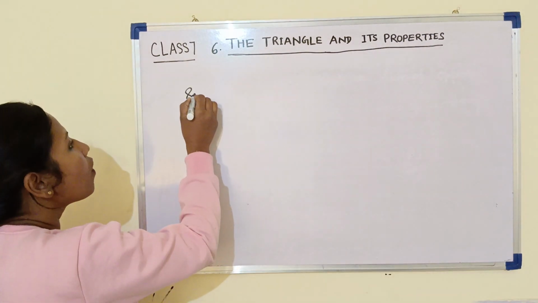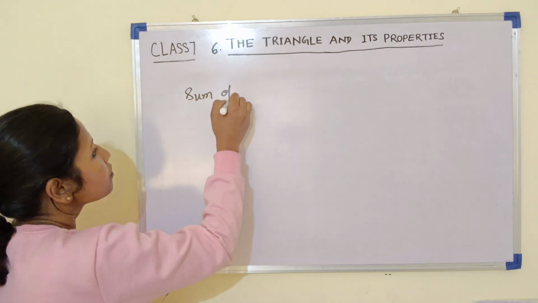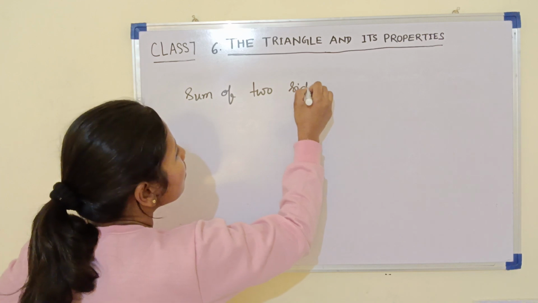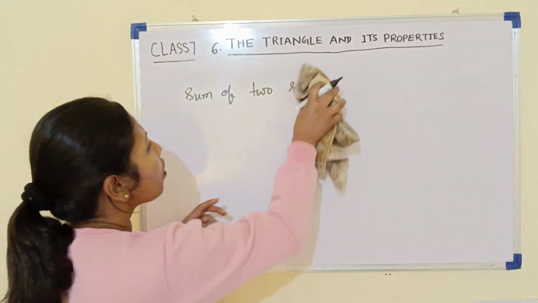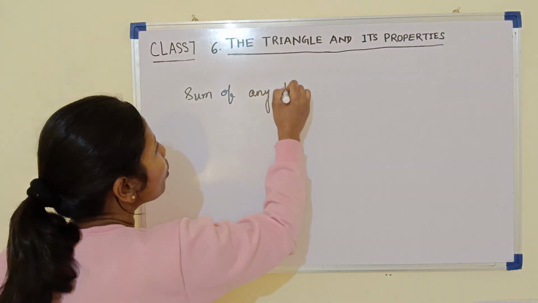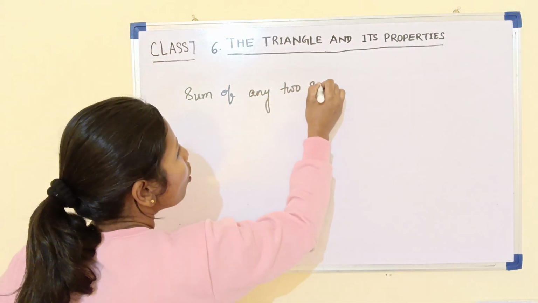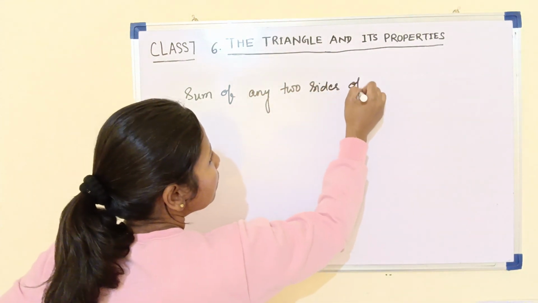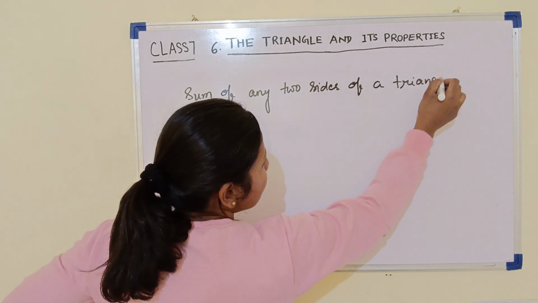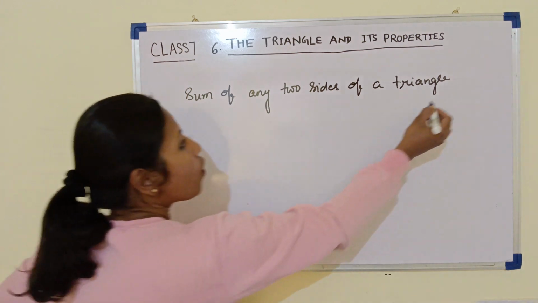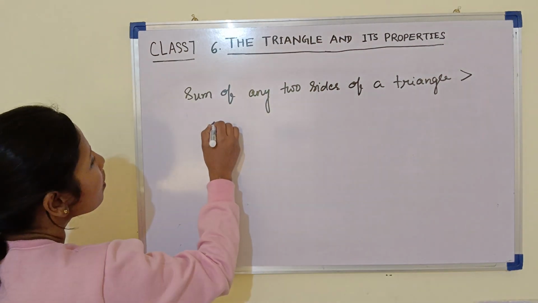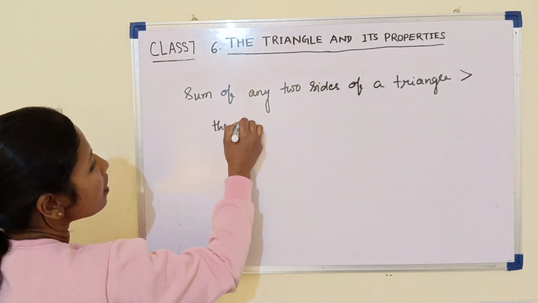The sum of any two sides of a triangle, whether smaller or bigger, is always greater than the other side.